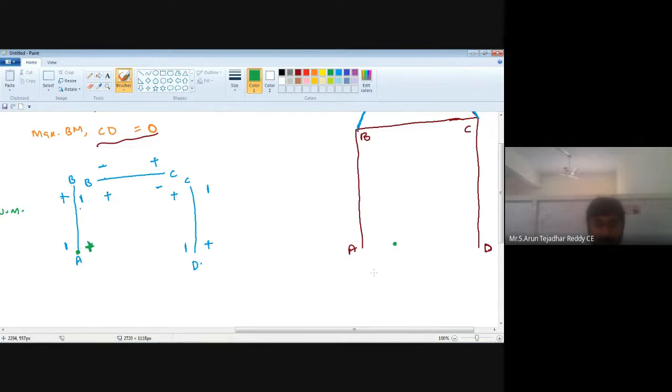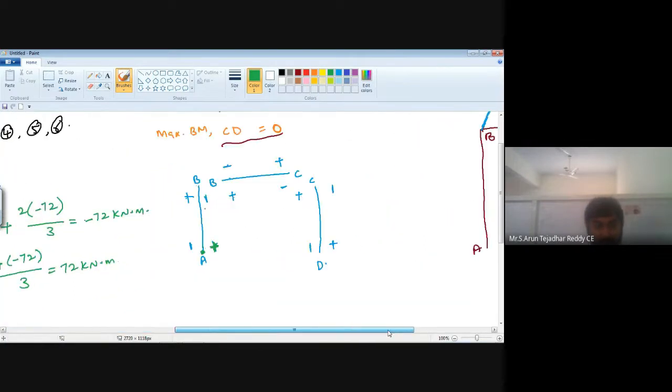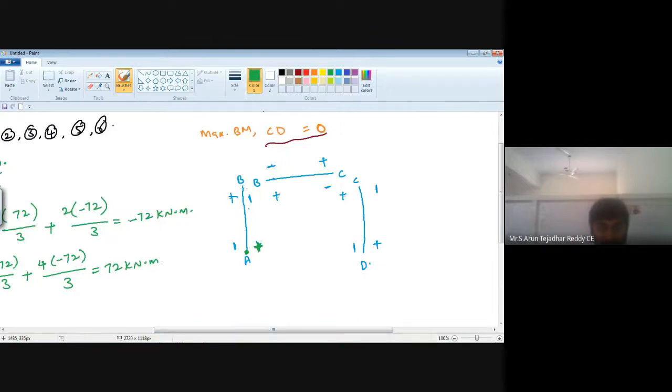Now coming to the next one. Next one is B to A. B to A also plus 72, positive value only, plus 72. Now coming to the B to A, see this is your B to A. Our value is positive.